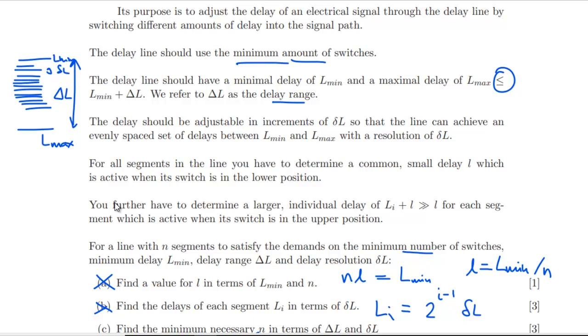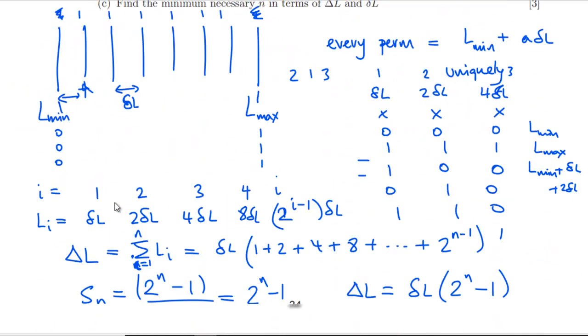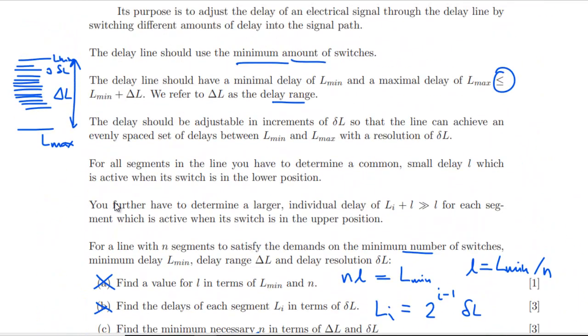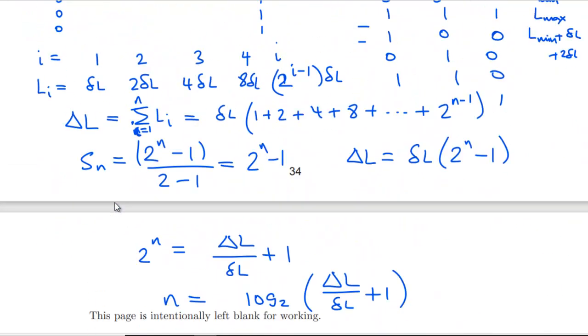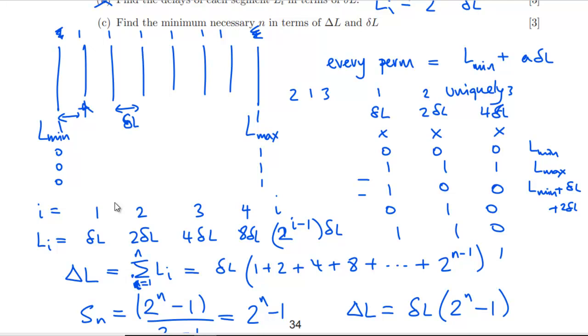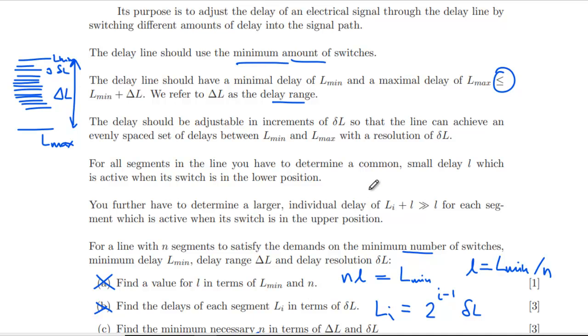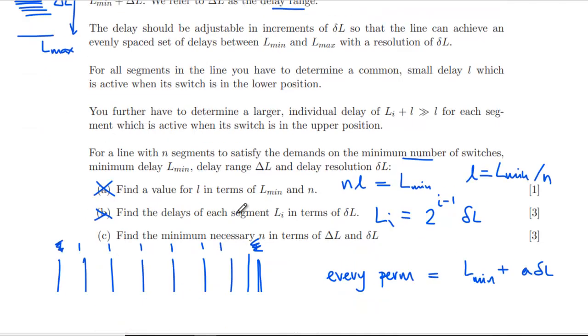So L max is less than or equal to delta L. Oh, it's just saying it might not sit on the line. That's what it's saying, that our L max might be inside the last delta L. We're just inside it. It can't go beyond it. So L max is less than or equal to L min plus delta L.